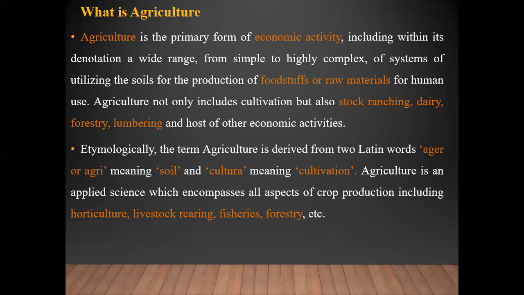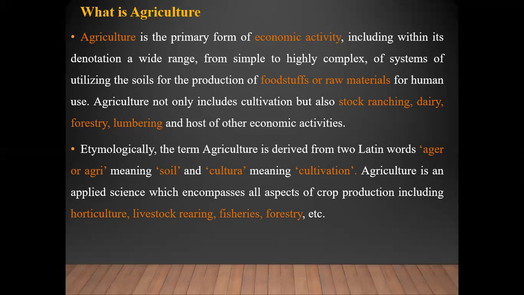Agriculture not only includes cultivation but also stock ranching, dairy, forestry, lumbering, and a host of other economic activities. Etymologically, the term agriculture is derived from two Latin words, namely agere and cultura. Agere or ager meaning soil and cultura meaning cultivation.